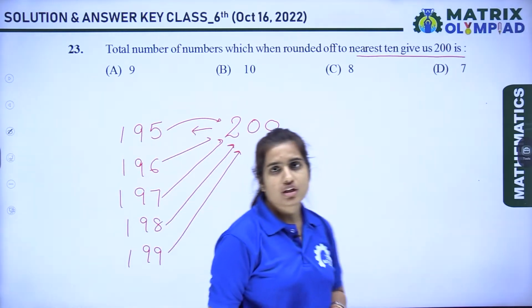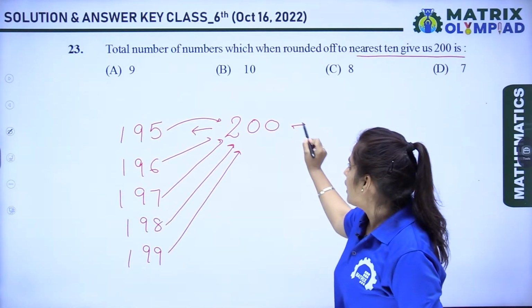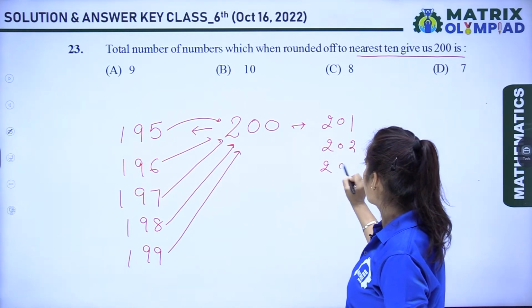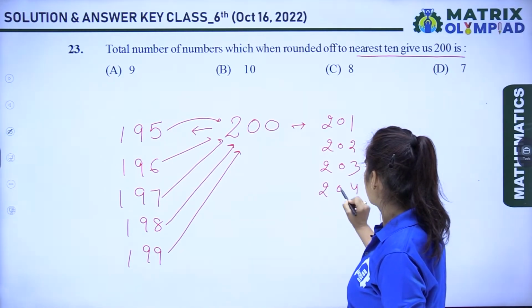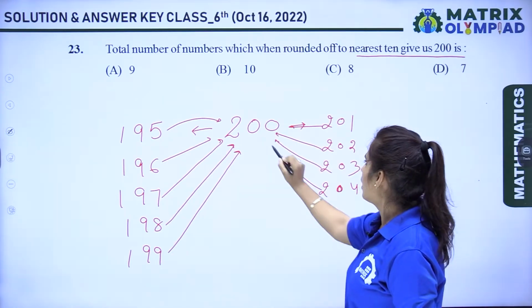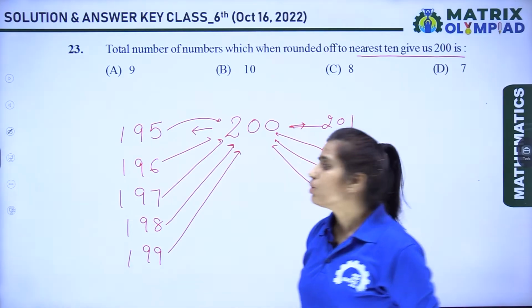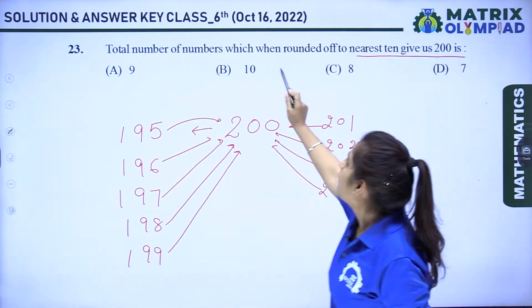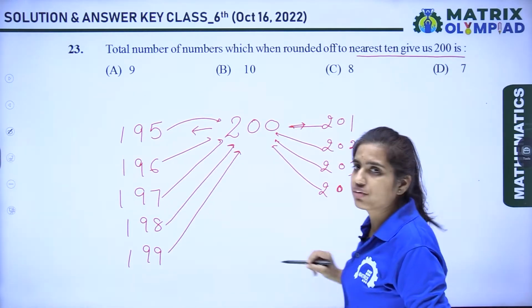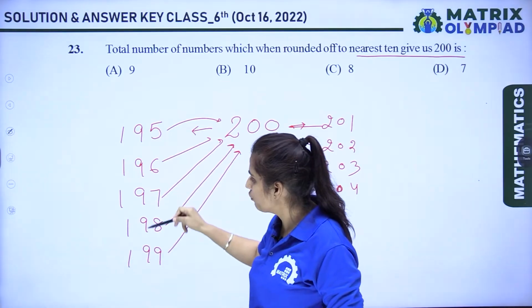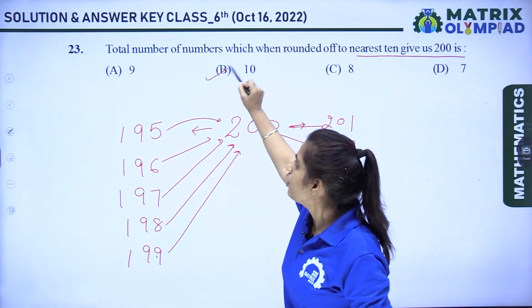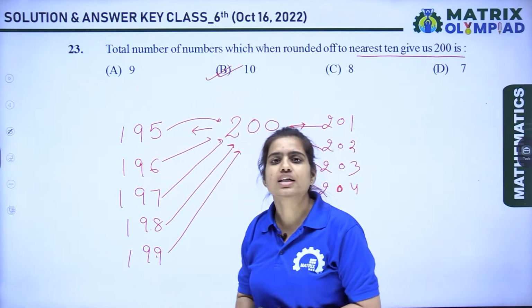If we move forward, then we can see that the numbers 201, 202, 203, 204, these four numbers will give us the answer 200. So, we have to find out the total numbers which when rounded off to the nearest 10 give us 200. Now, let's count: 1, 2, 3, 4, 5, 6, 7, 8, 9, 10. So, according to the option, we can say option B is the correct answer.